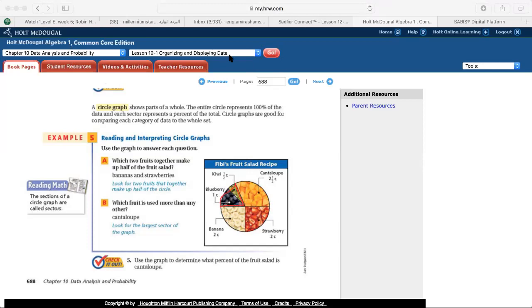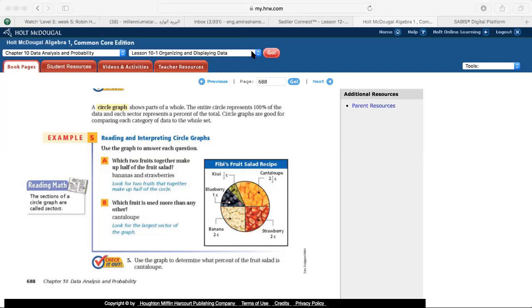So it is the banana and the strawberry. You see, girls, the banana and the strawberry together make half of the circle, half of the fruit salad. So bananas and strawberries. Okay, girls?